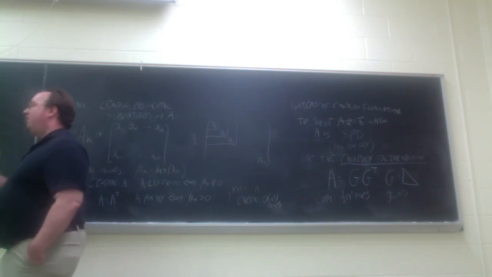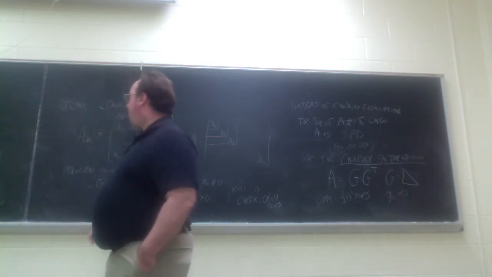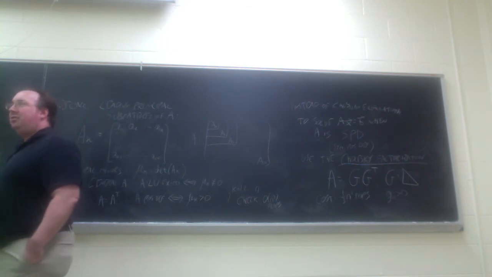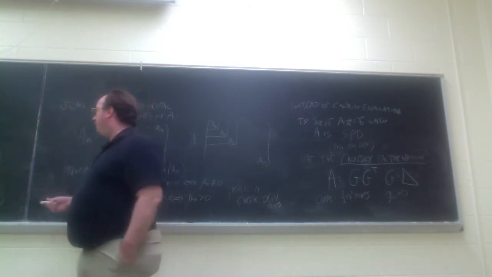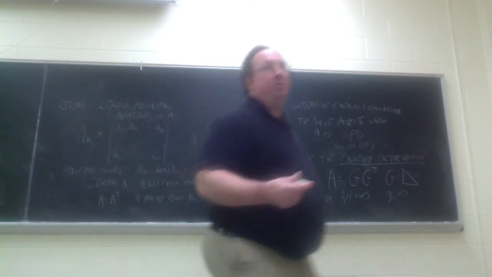But because G is lower triangular, this right here equals 0 if the row is strictly less than the column, so K is strictly less than J. So there's no point in including the terms in this sum where J is greater than K. They're going to be 0 anyway. So I can cross that out. I can say J equals 1 to K. In other words, I'm forcing a condition that J is now less than or equal to K.